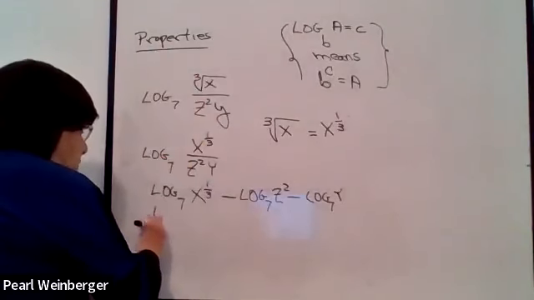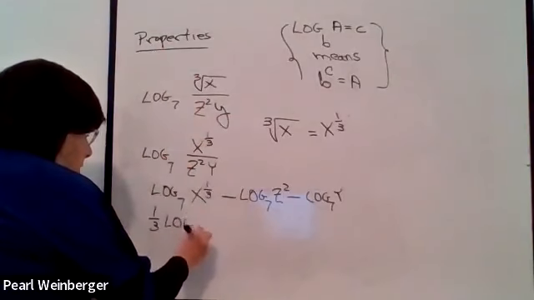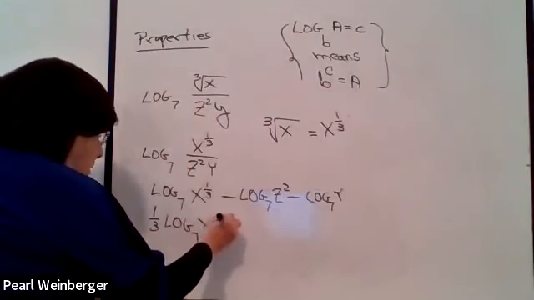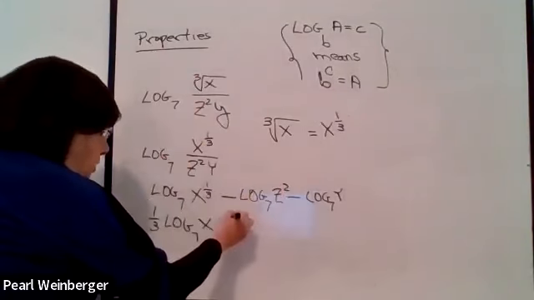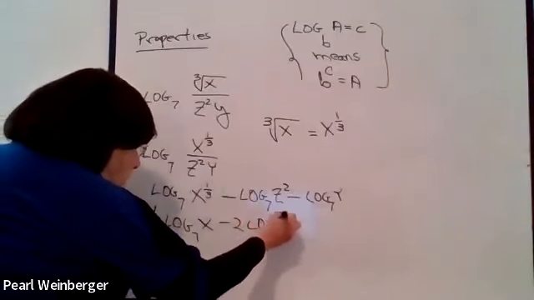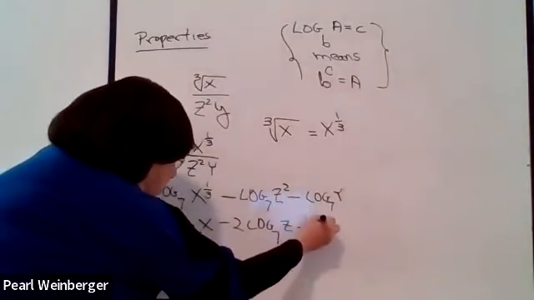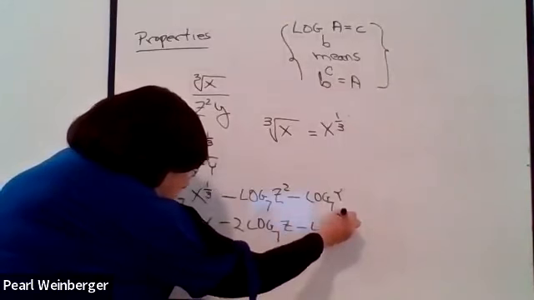So this will give me 1/3 log base 7 of x. Here's an exponent, so that 2 is going to come in front, minus 2 log base 7 of z. There's no exponent here, so I'll just write it minus log base 7 of y.